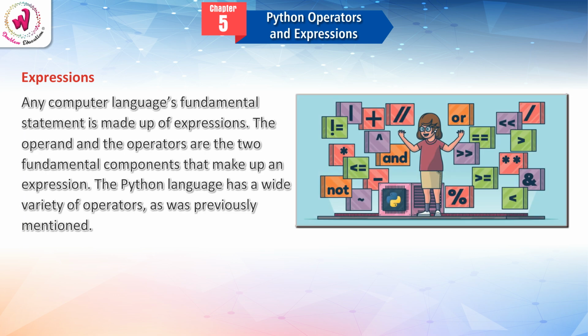Expressions. Any computer language's fundamental statement is made up of expressions. The operand and the operators are the two fundamental components that make up an expression. The Python language has a wide variety of operators, as was previously mentioned.